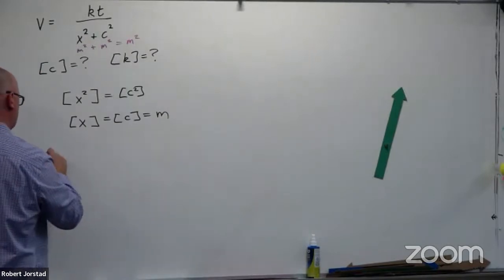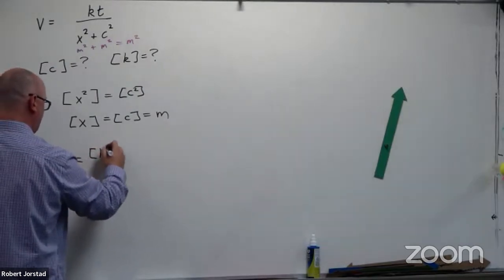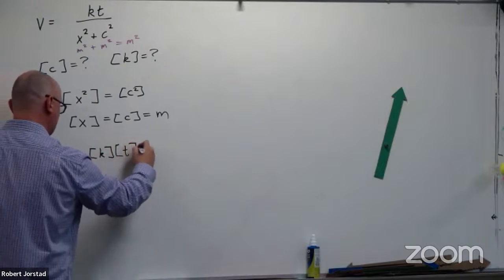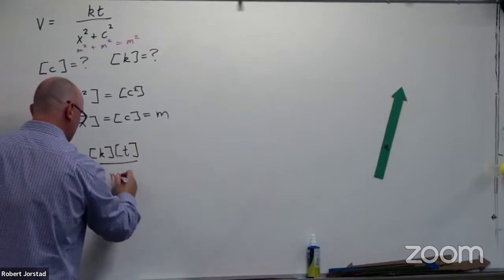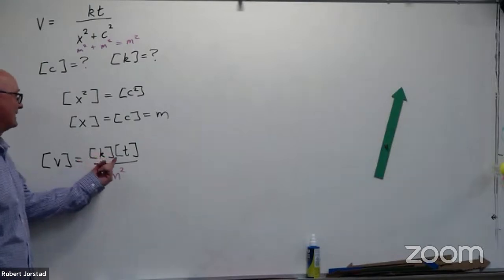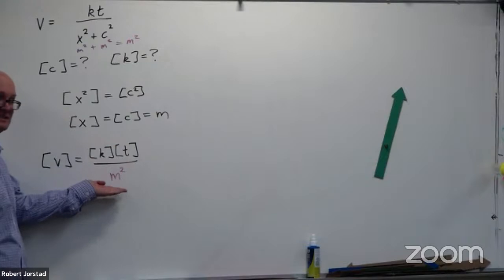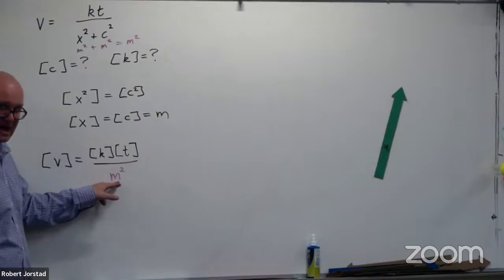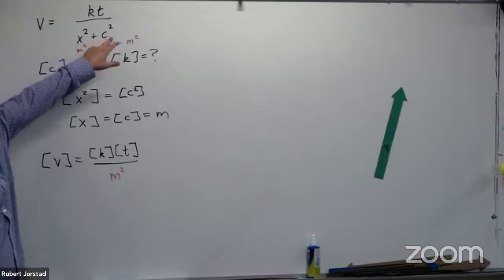So I know the units of V equal the units of K times the units of T all over meters squared. Look carefully here. It's important to pay attention. When I have the brackets around the variable, that means the units of. This is a consistent statement. This is not mass. I have already used the fact that the units of x squared and c squared are meters.